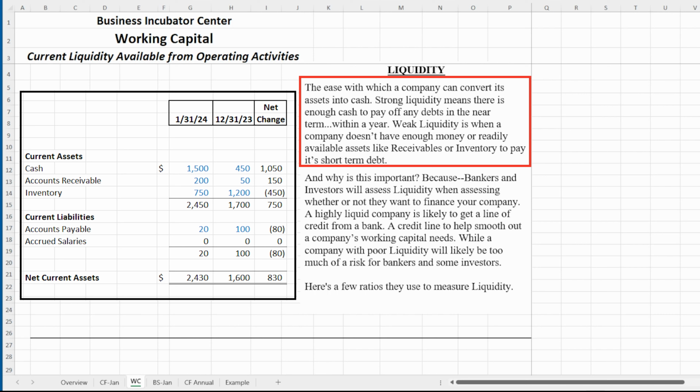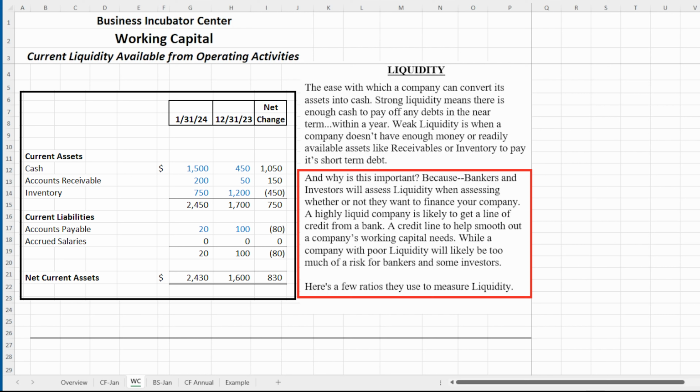Weak liquidity is when a company doesn't have enough money or readily available assets like receivables or inventory that can be liquidated to pay its short-term debt. And why is this so important? Because bankers and investors will assess liquidity when assessing whether or not they want to finance your company.